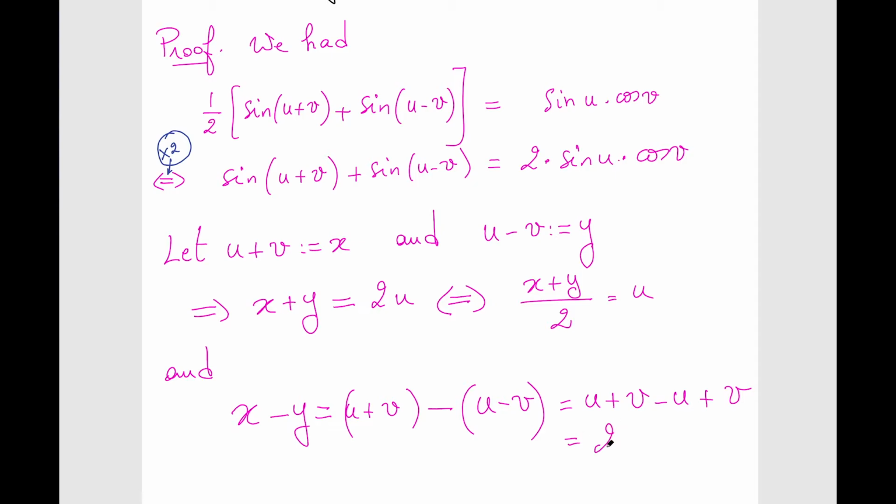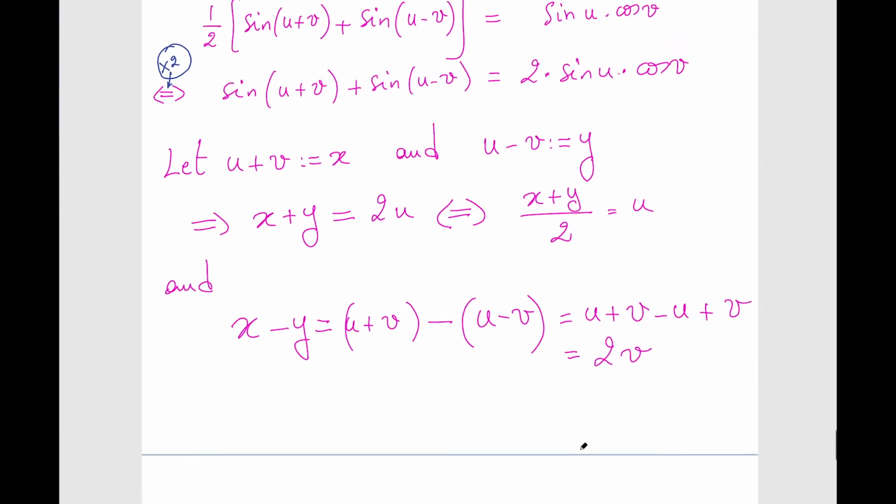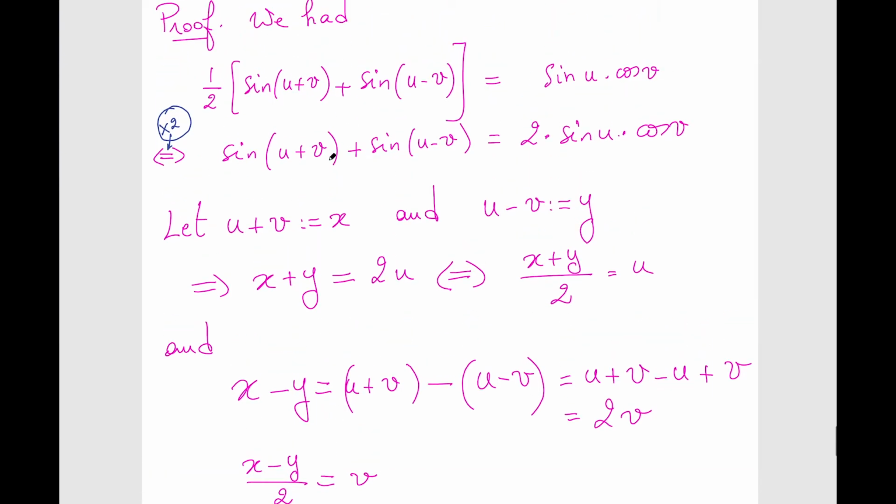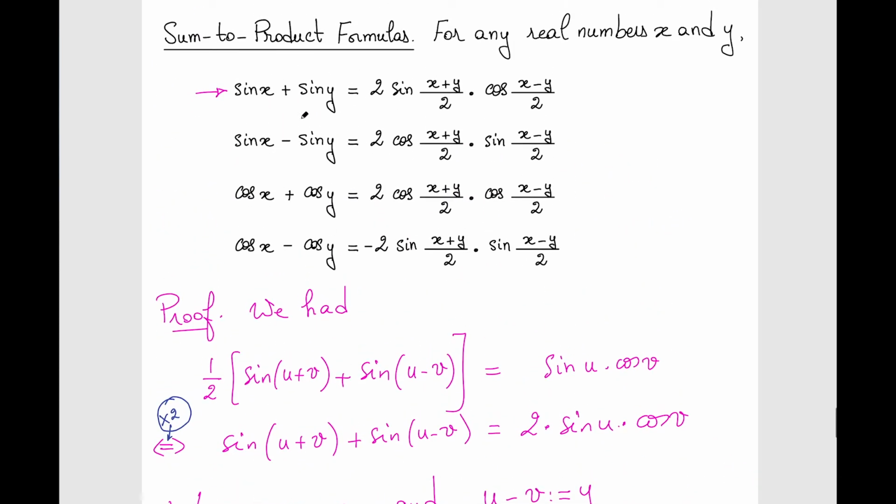Which is equal to twice v. So what about half of x minus y, or x minus y over 2? Half of twice v is v.